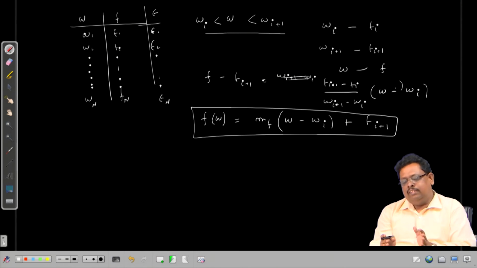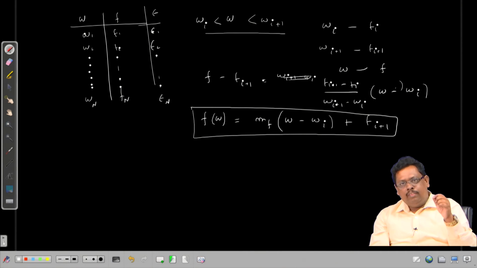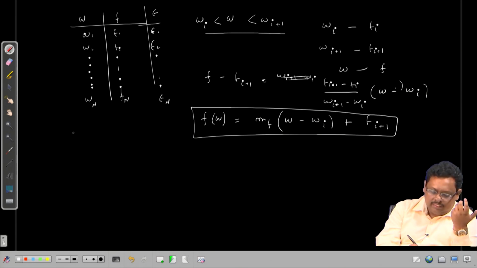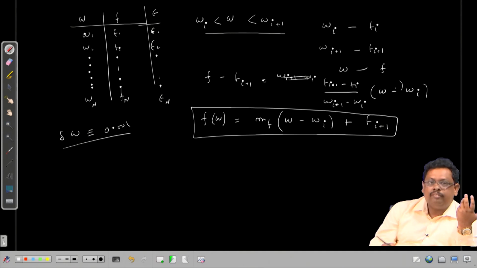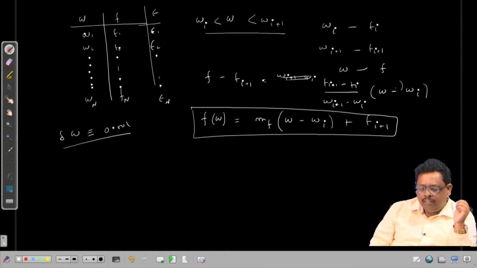But as I said, if I have sufficiently small intervals omega 1, omega 2, omega n, and I have a lot of data, if the delta omega is really small, some order of 0.001 or so, and then you plot all these omega, then definitely this will give you a quite reasonable answer.